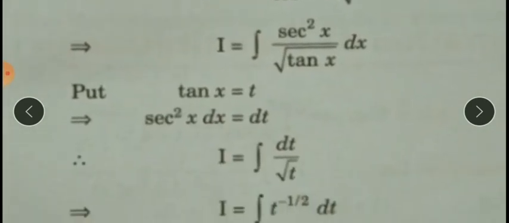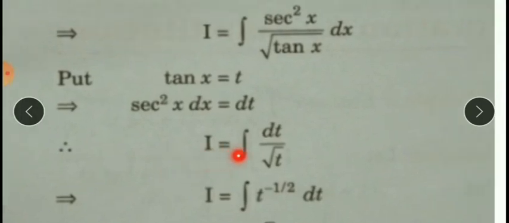Now to change into integrable form, put tan x of the denominator equal to t. Then d/dx of tan x is sec square x, so sec square x dx is equal to dt. The numerator contains sec square x dx, that is dt, and the denominator will be root t. I is equal to integration dt upon root t.